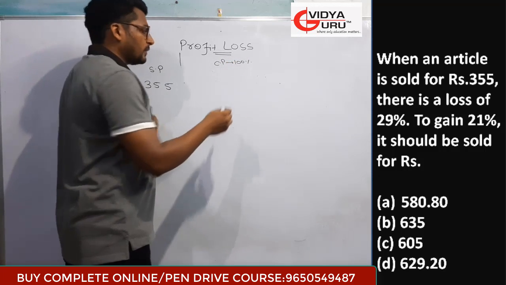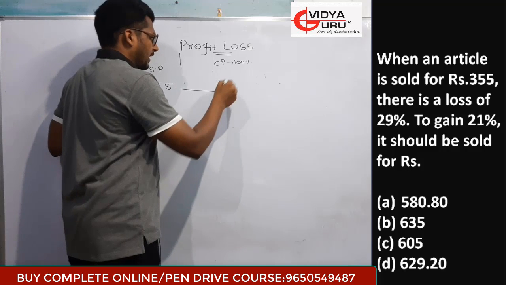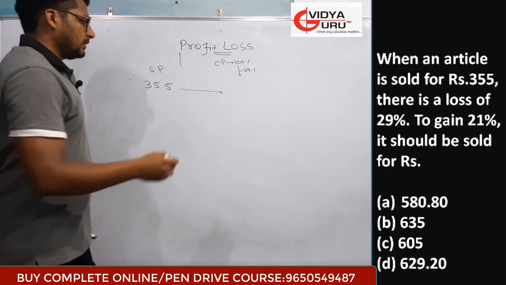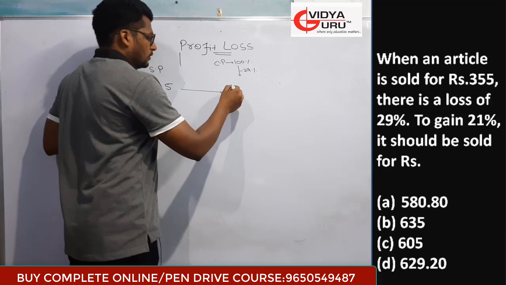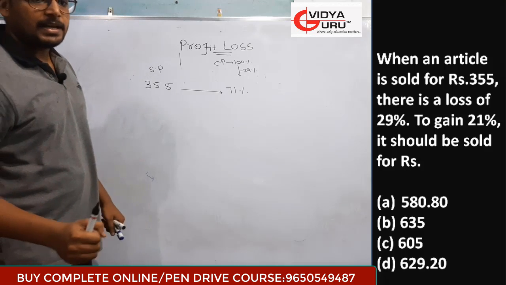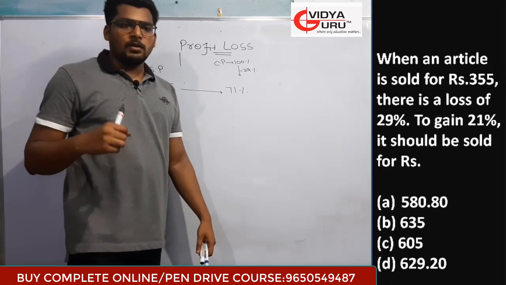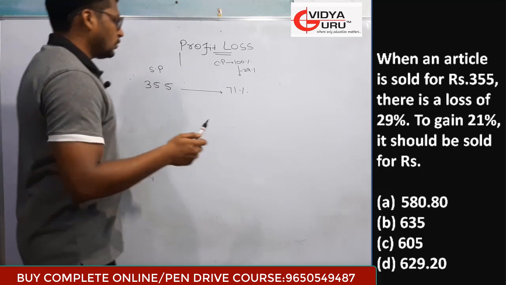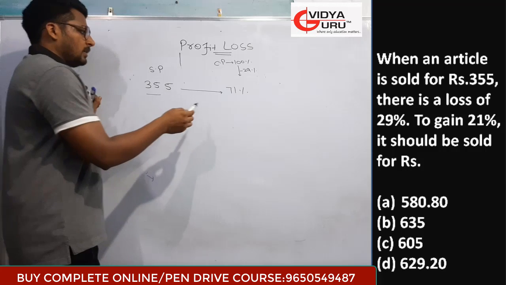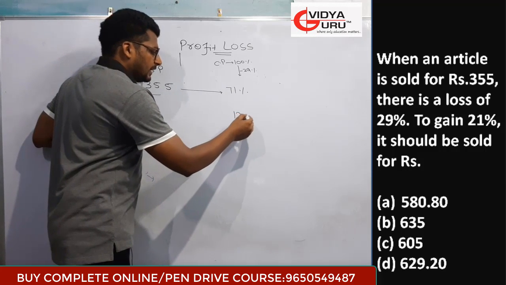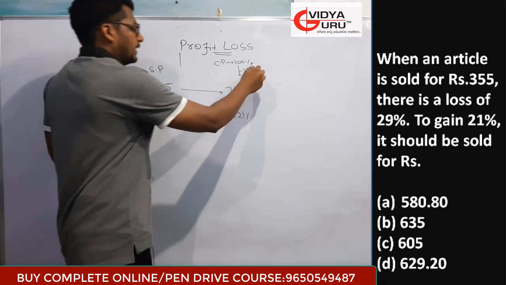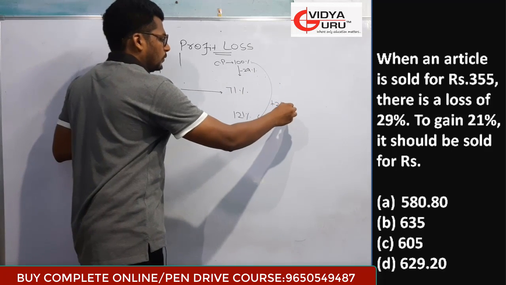If there is a loss of 29%, that means this value is equal to 71%. Now the question is saying, if to gain 21%, the goods should be sold at. To gain 21%, that means I need to sell the goods at 121%, then only I can gain 21%.